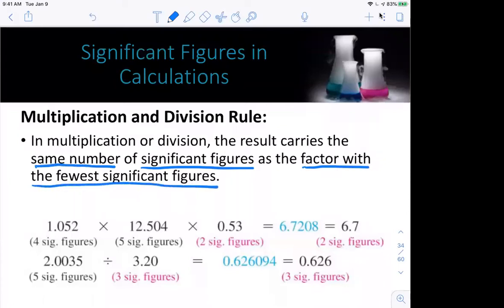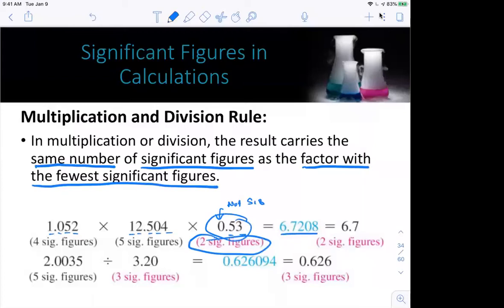So if I'm going to do 1.052 times 12.504 times 0.53, I have 4 significant figures times 5 significant figures times 2. Remember, this leading 0 is not significant. Well, the factor that has the fewest is this guy, because I have 2 sig figs. So I'm going to do the calculation, and this is what I get in my calculator.